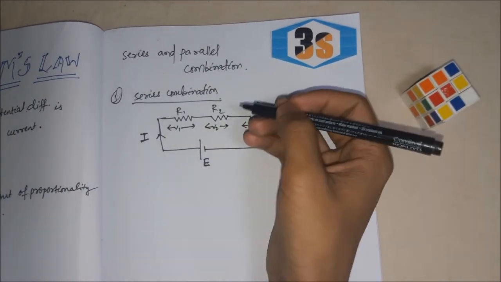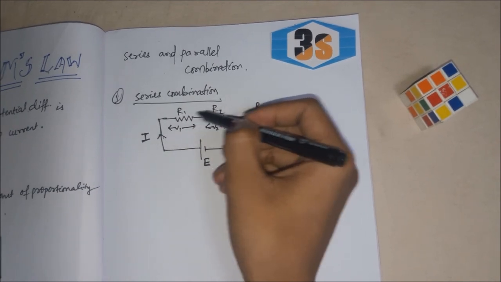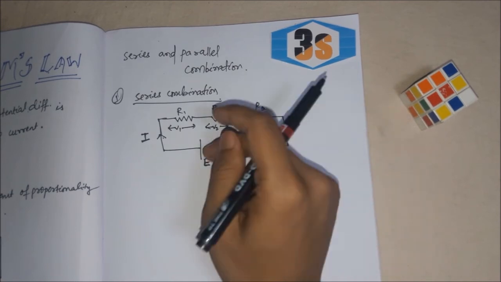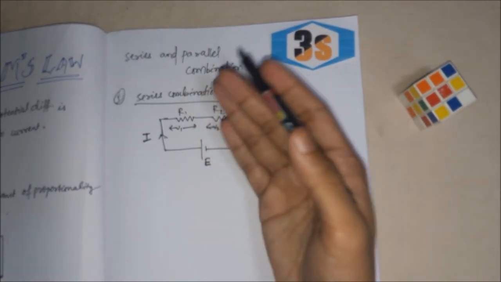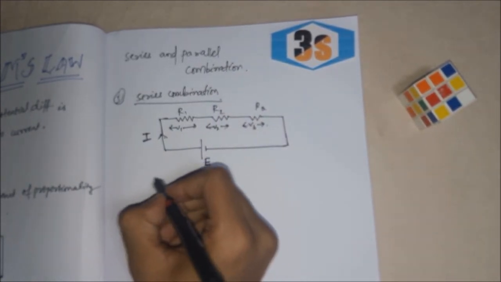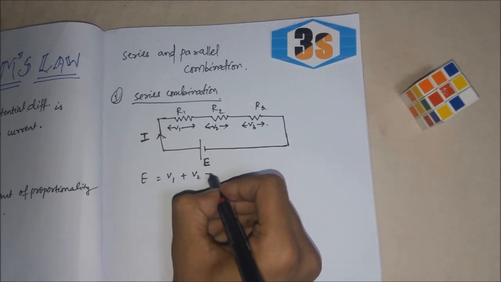Now, in a series combination of resistances, the same current flows through the resistors R1, R2 and R3. Now, when the current is the same, the net voltage E, which is provided by the cell, is divided among R1, R2 and R3. So the net potential E equals V1 plus V2 plus V3.